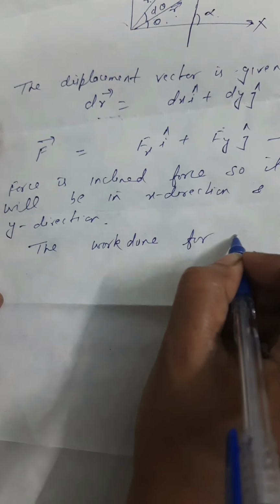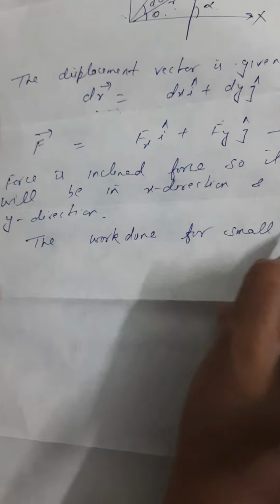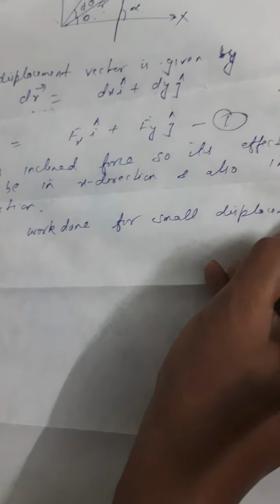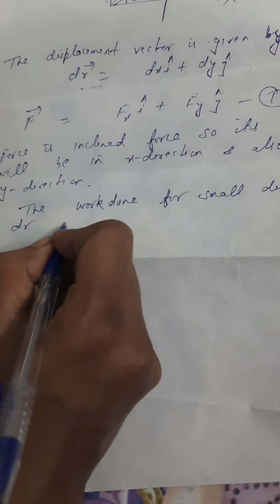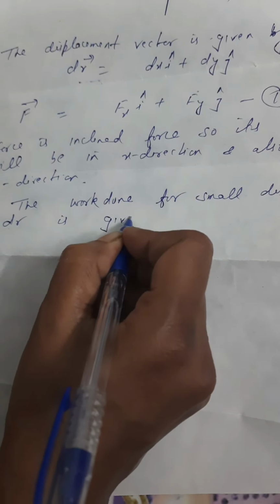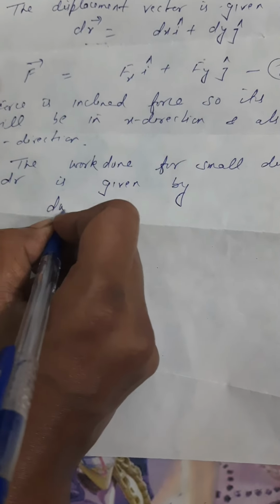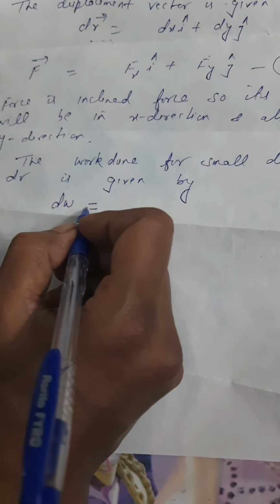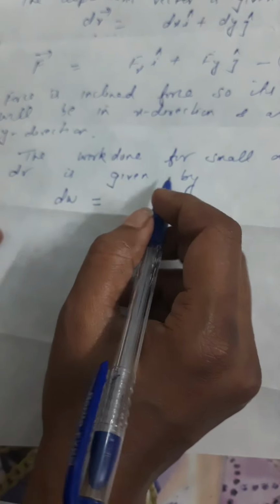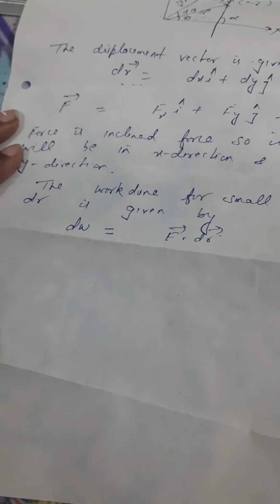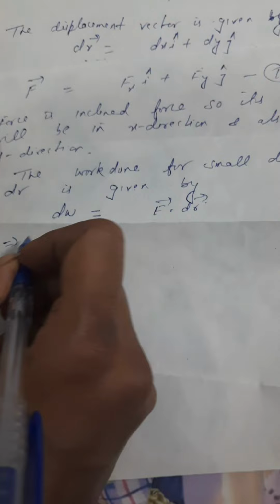Now the work done for small displacement dr is given by dw, the small amount of work done, is equal to F dot dr. Force into displacement, work done is force into displacement, all of you know.